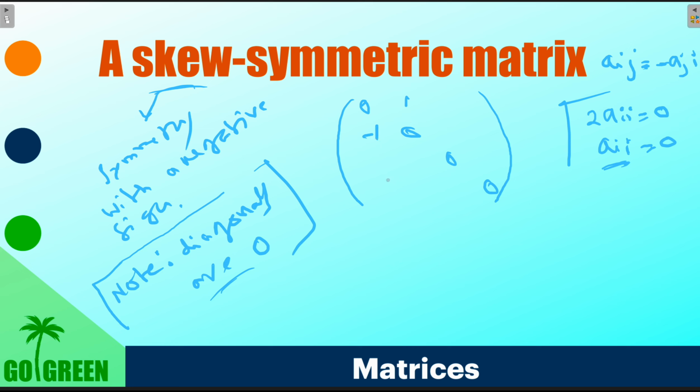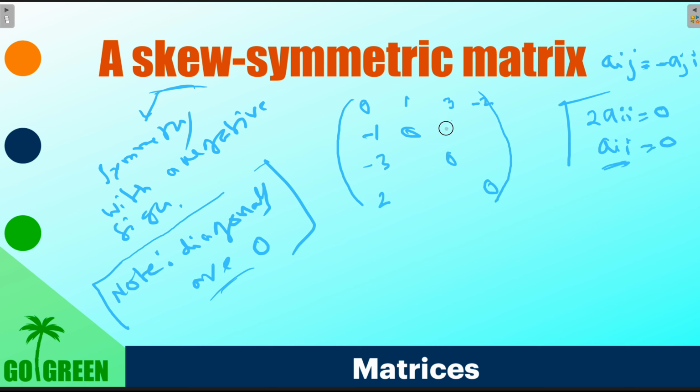In the symmetric case, it was exactly the same element, but in the skew symmetric case, it is the minus of that element. Now suppose you write 3 here, then here it should be minus 3. If you write minus 2 here, then it will be the negative of that here: minus of minus 2 will be plus 2. It's not necessary that there should be plus here and minus there, nothing like that.